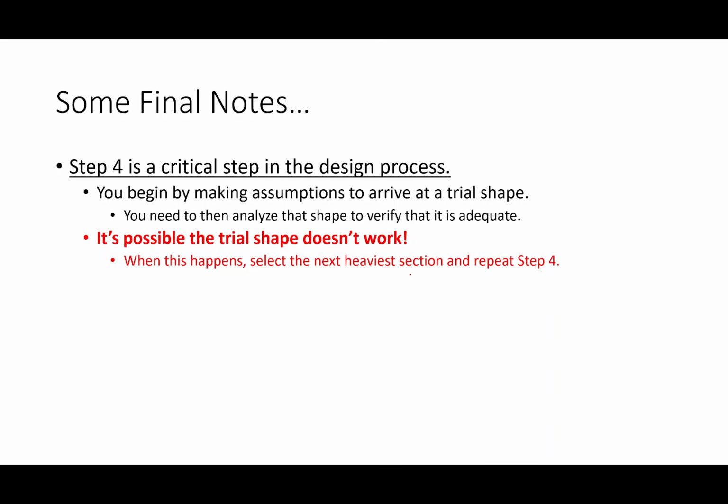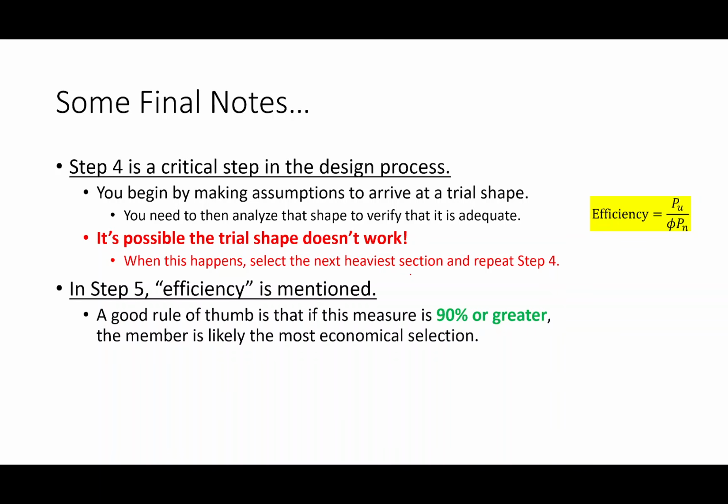It is very possible. When that happens, just go to the next heaviest section in the manual and repeat, okay? Which is one of the reasons why on Wednesday, since a lot of these calculations are repetitive, we're going to break out our old friend Microsoft Excel and see if Excel can make our life a little easier in that regard, okay? So we're going to talk about that on Wednesday.